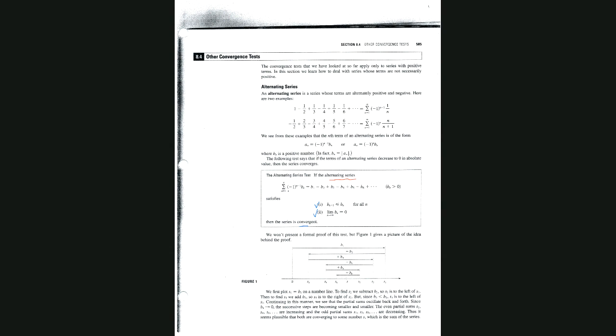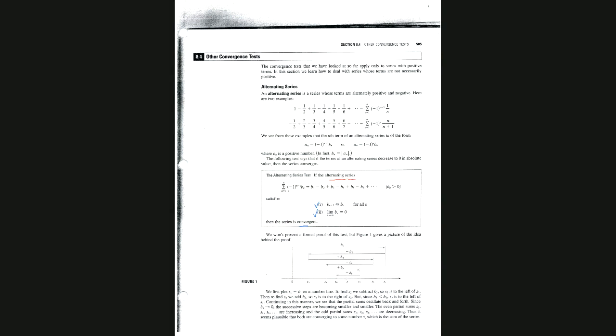The first condition says that the n plus first term is less than the nth term. That condition just means we're not worried about plus or minus. If you just focus on the value of the n plus first term, it's smaller than the value of the nth term.